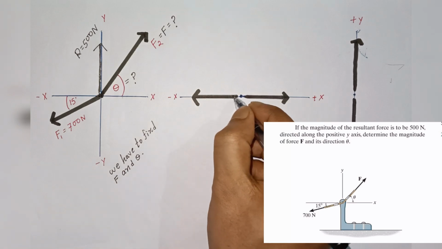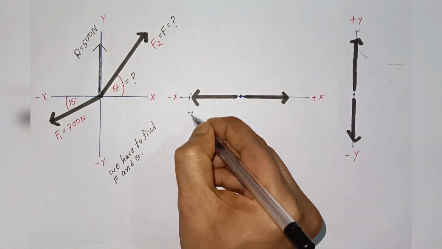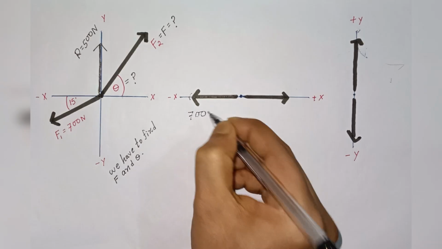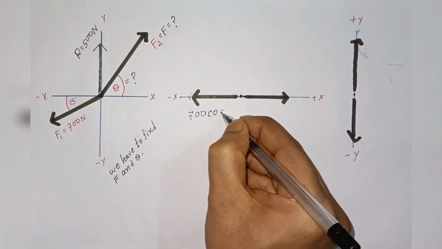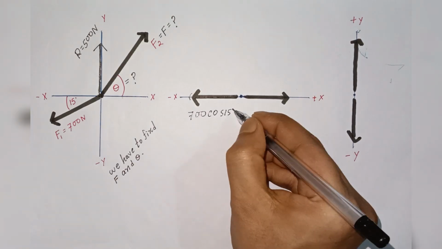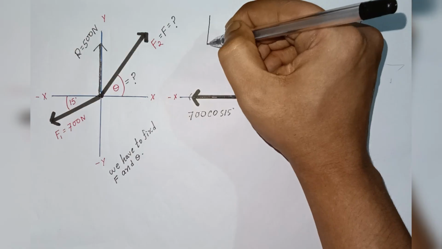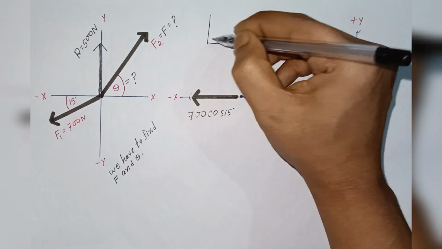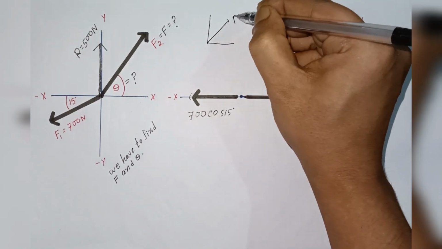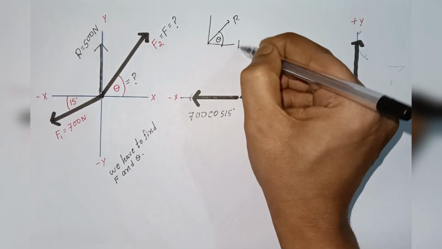On the negative x-axis, the component of 700 Newton equals 700 cos 15 because the 15 degrees is attached with the negative x-axis. Those who don't know components, go watch my theory class in the playlist. But okay, let me show you one more time. Let r be a vector making angle theta with the positive x-axis.